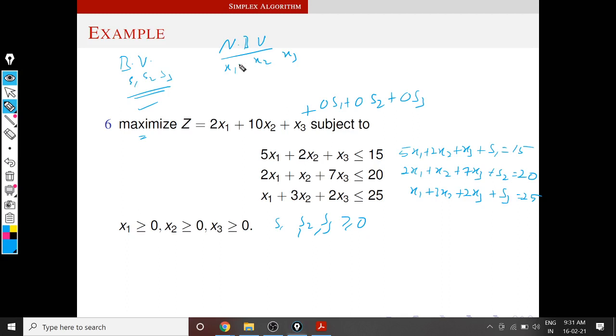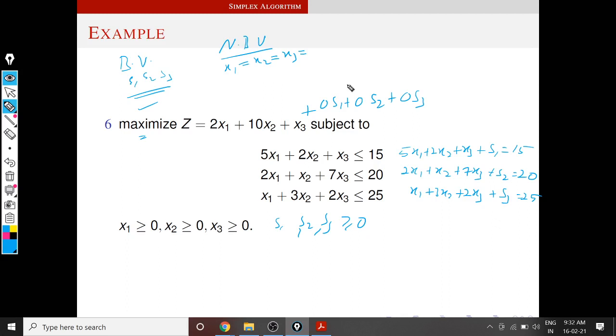So what is the value of the non-basic variables? What is the value of x1, x2, x3 initially? Because they are non-basic, the value is 0. That is the meaning of non-basic: they are always 0.